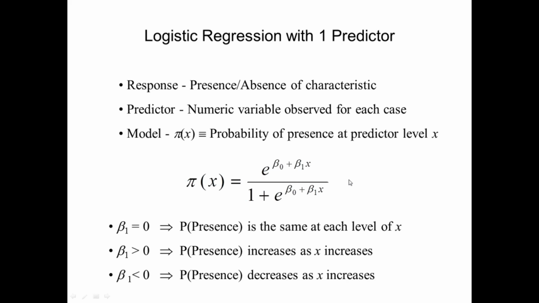This is the probability of presence of the characteristic, expressed in function of the exponential of the linear combination of the explanatory variable, in which case we have only one.